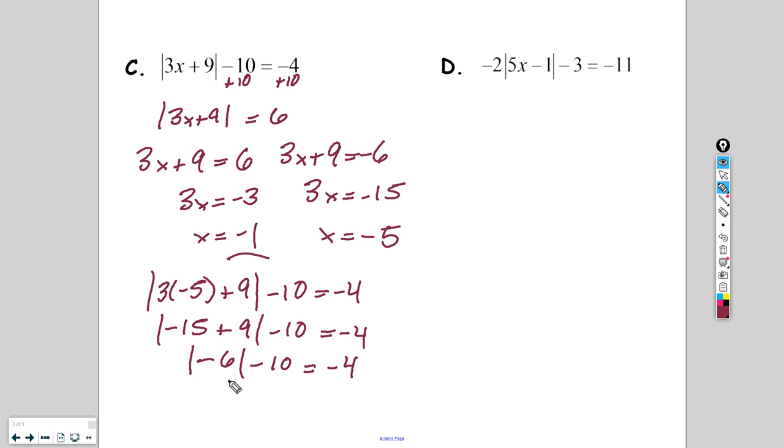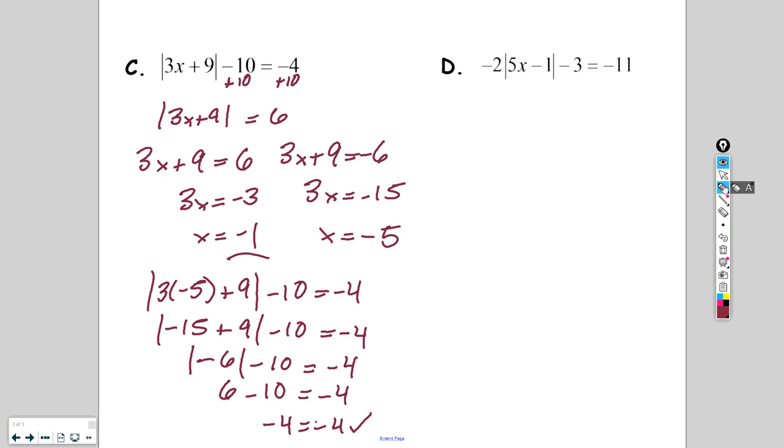The absolute value of -6 is 6, and then 6 minus 10 we have again, which is -4. So that one works as well. All right, so both of those are solutions because they make the original equation true.